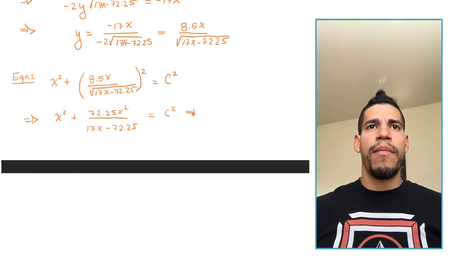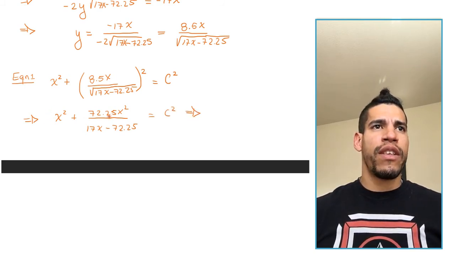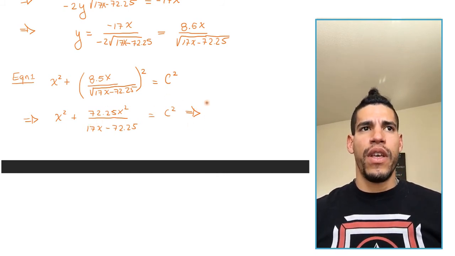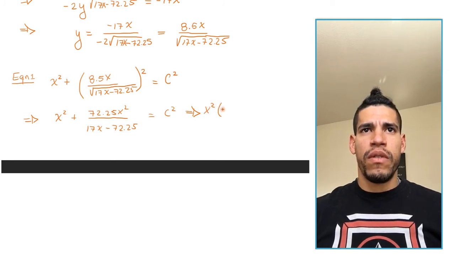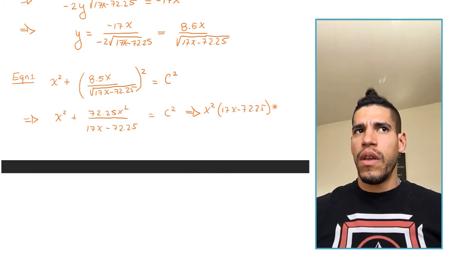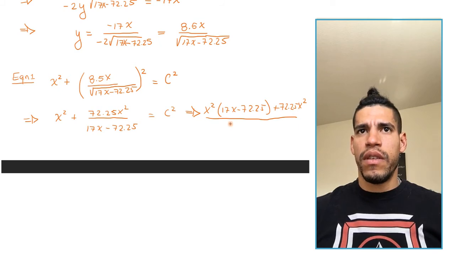Now finding the common denominator between x squared and this fraction, which is 17x minus 72.25, you get x squared times 17x minus 72.25, plus 72.25x squared, divided by 17x minus 72.25. Okay?